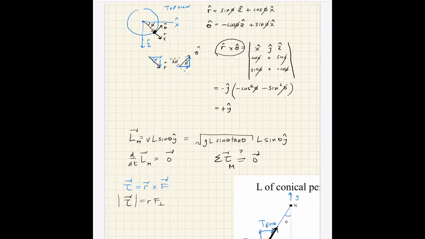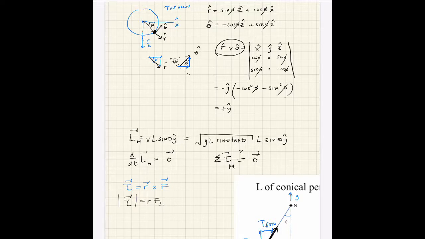And this would cause a rotation. R cross T cosine theta would cause a rotation this way, so I know that the direction would be creating a clockwise direction for the most part.